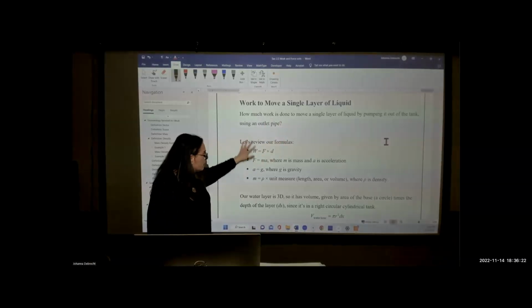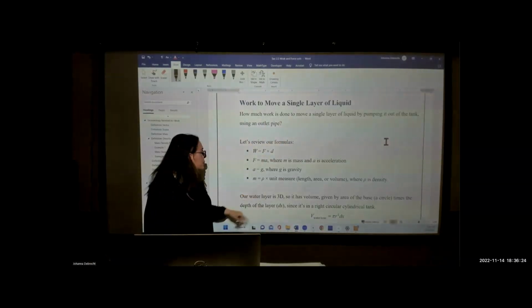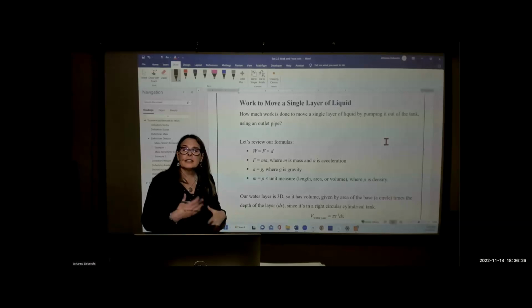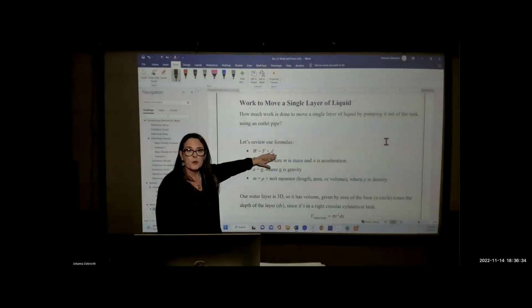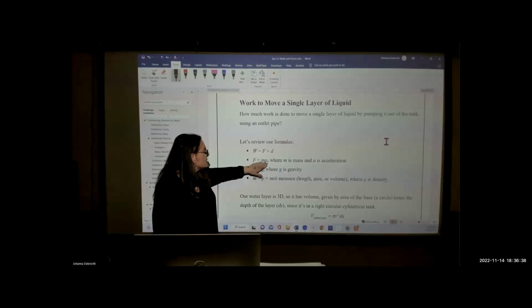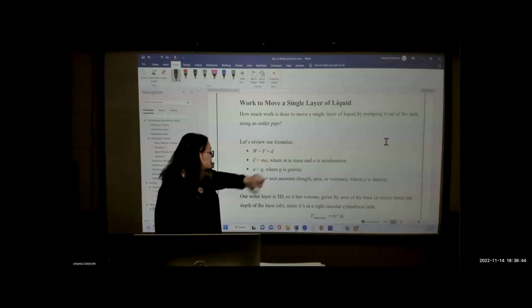So let's put all the formulas that we talked about in the previous video together, and let's build this formula in order to move the volume of water out of the tank. We know that work is given by force through a distance, so force times distance. Force is mass times acceleration, so work would be mass times acceleration times distance.